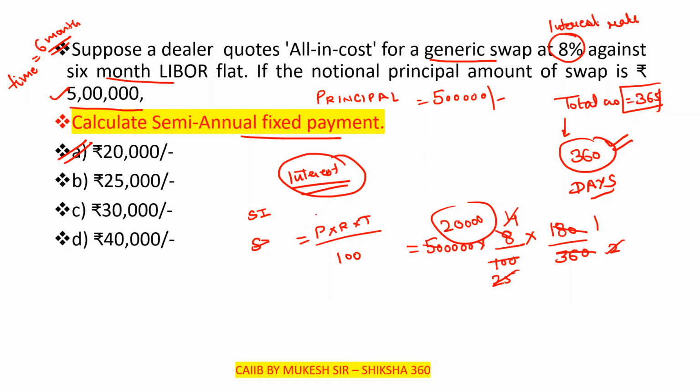We simply use the semi-annual fixed payment: a generic swap at 8% against 6 months, that is the time period they have given, 180 days, LIBOR flat, with a notional principal amount of 5 lakh. Any doubt in this question, please ask. Otherwise we will move to the next question.